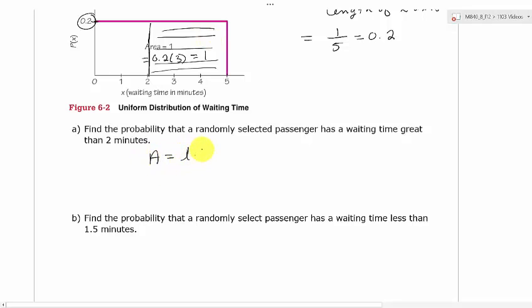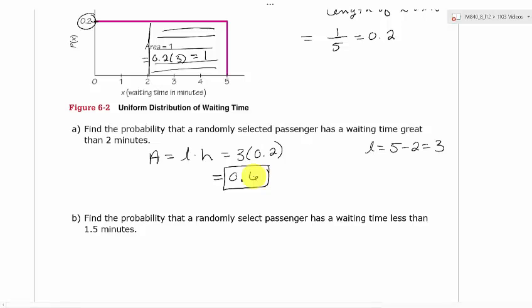We want the length times the height. To calculate the length, you take the big number minus the small number. So here that's going to be 5 minus 2 gives us 3. And then the height is going to always be 0.2 for this particular one. And so we get 0.6. So the probability that your wait time is going to be greater than 2 minutes is 0.6, or you have a 60% chance that you're going to wait longer than 2 minutes.